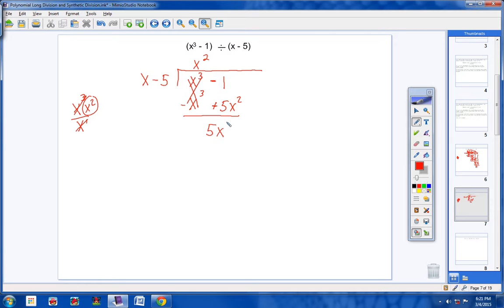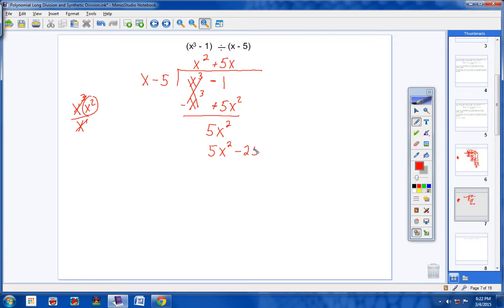I don't think you need all those zeros up there. Just bring it down. Now, let's go ahead and divide first. It's that easy, guys. Now let's divide first term into first term. x goes into 5x squared, 5x times. Now let's multiply 5x times x, 5x squared. 5x times negative 5, negative 25x.